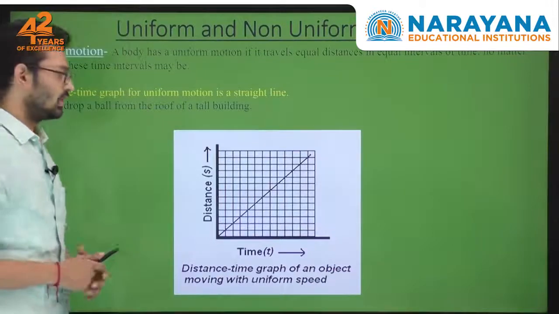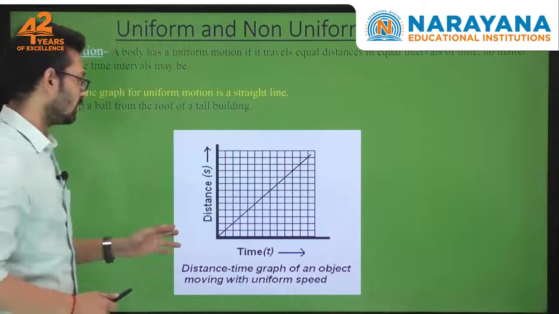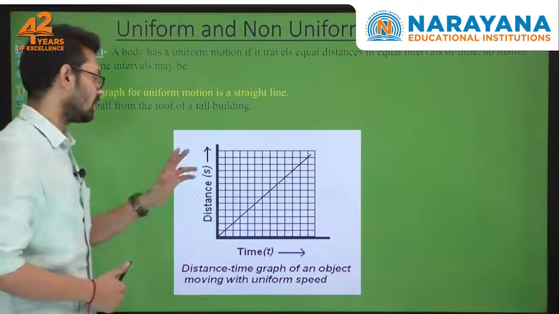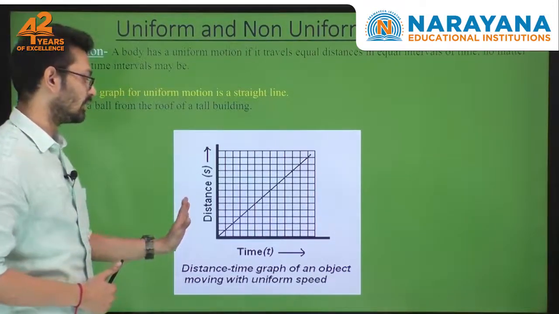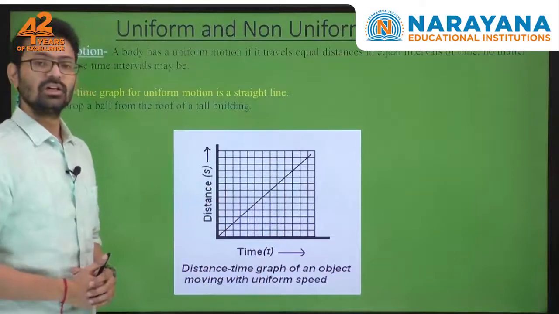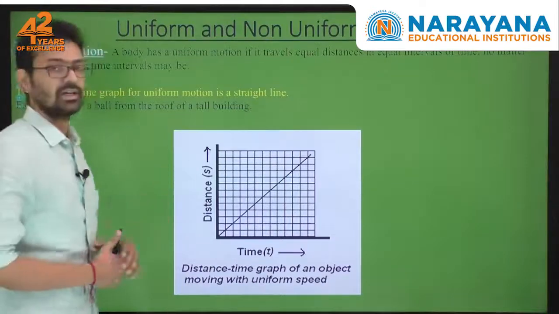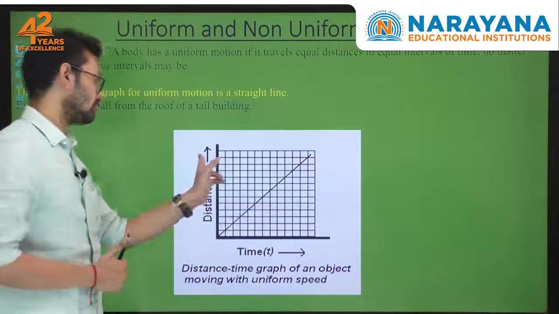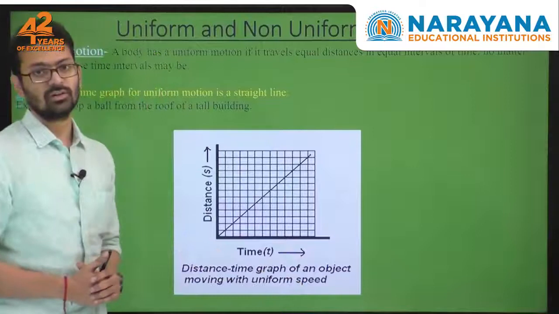In the graphical representation, on the x-axis you take time and on the y-axis you take distance, because time is the independent physical quantity and distance is the dependent physical quantity. Distance depends upon time.